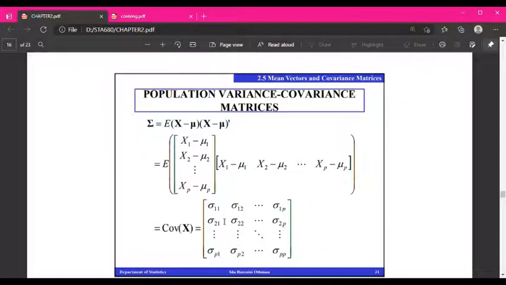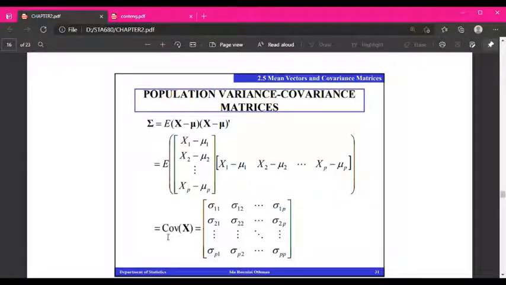So yang ni adalah variance untuk first random variable, sigma 22 variance untuk second random variable. Sigma 12 adalah covariance between first and second random variable.